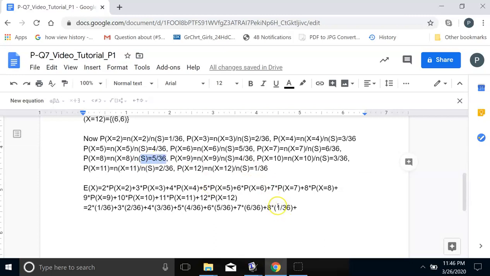You can see it's starting to go backwards now. The next one should be 4 over 36, so it'll be 9 times the probability X is 9, which is 4 over 36. Plus 10 times the probability X is 10, which is 3 over 36.